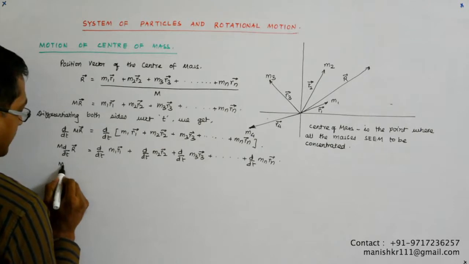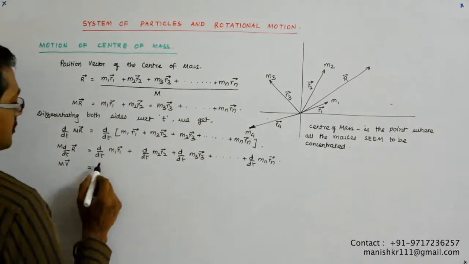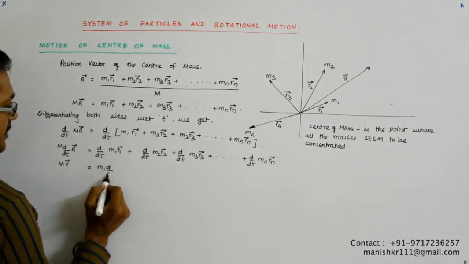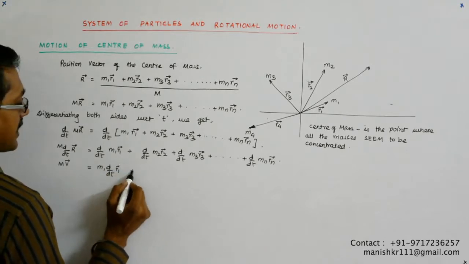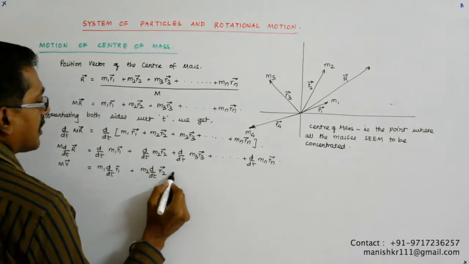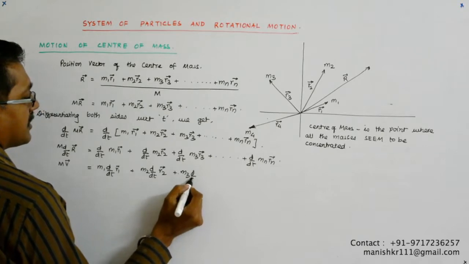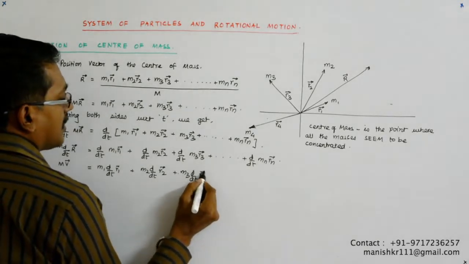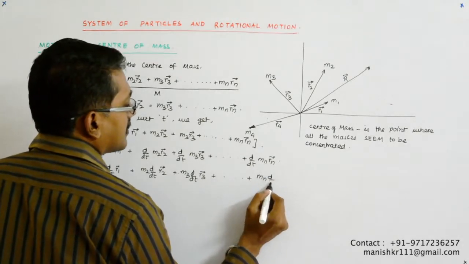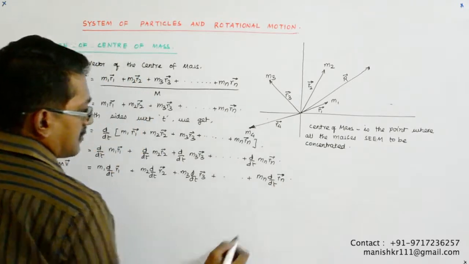Now this is M V, which is equal to m1 d/dt of r1, plus m2 d/dt of r2, plus m3 d/dt of r3, plus mn d/dt of rn.